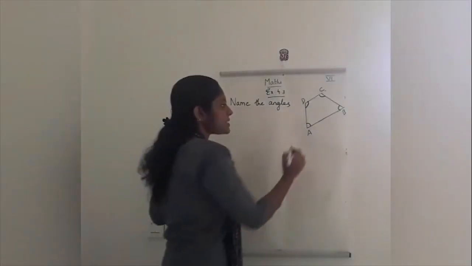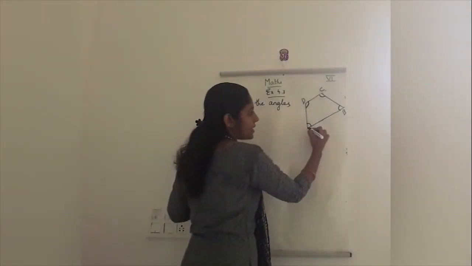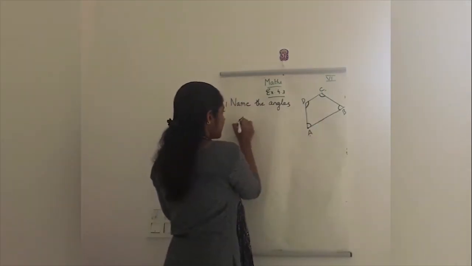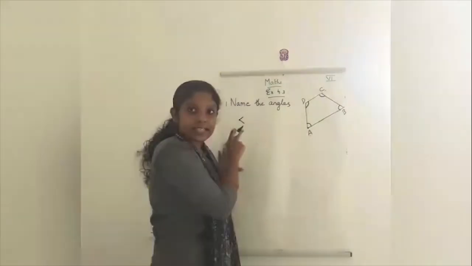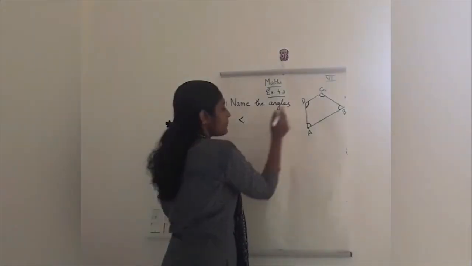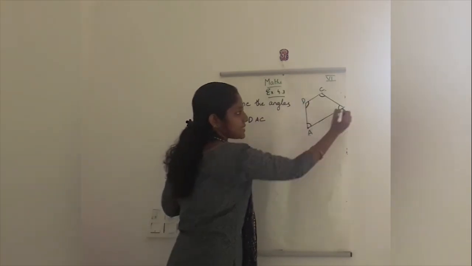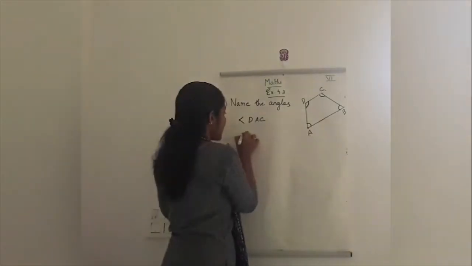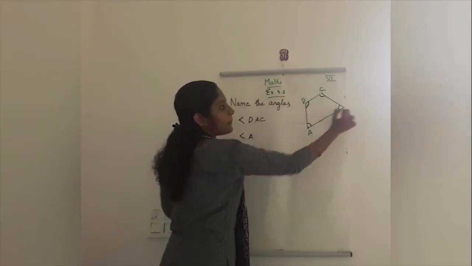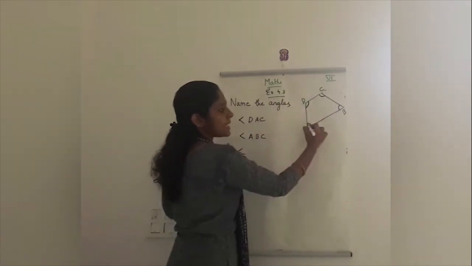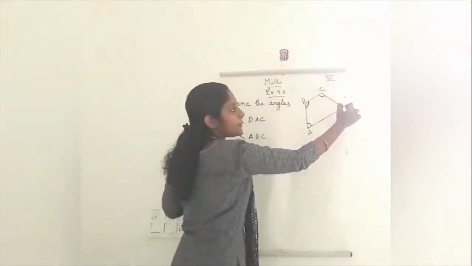So first we will write this angle, where A is the vertex. The first angle is angle DAC, with the angle symbol like this. The second one we will write is angle ABC. The third one, this one, is angle BCD.